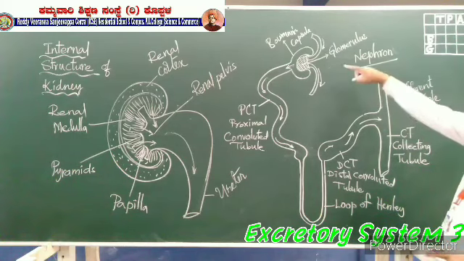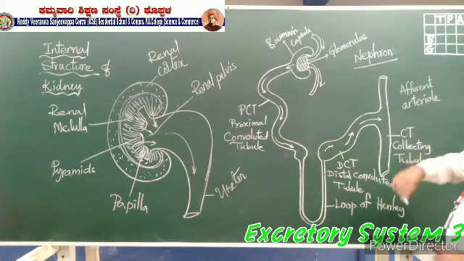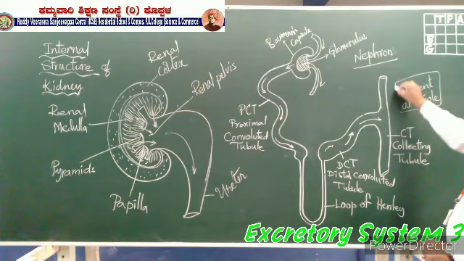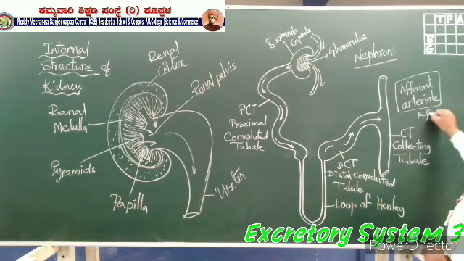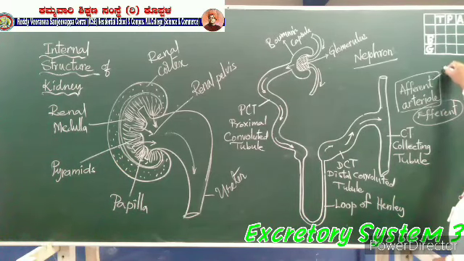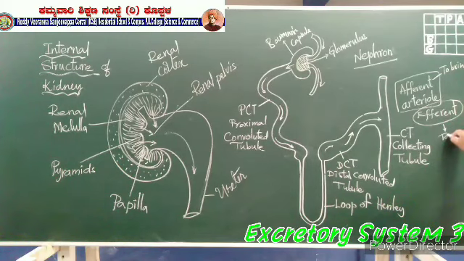And the blood vessel which is going away from the Bowman's capsule is called the efferent arteriole. Afferent means to bring. Efferent arteriole means take away.